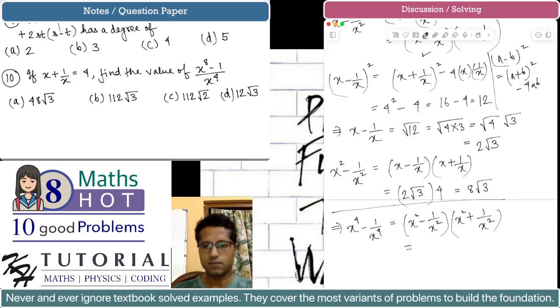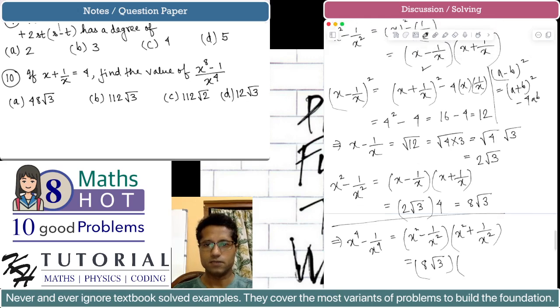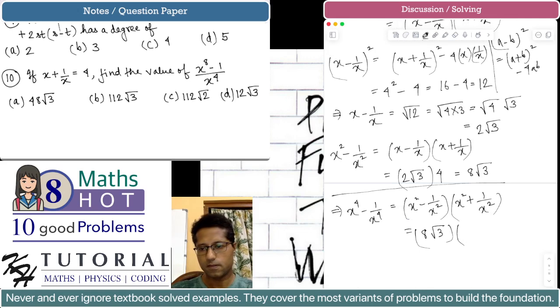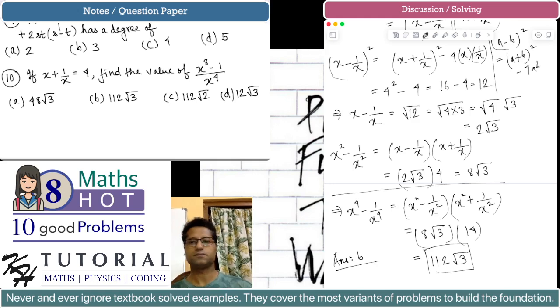X square minus 1 by x square is 8 root 3, and x square plus 1 by x square we have already found to be 14. So this is equal to 112 into square root of 3. Okay, so B is the correct choice.